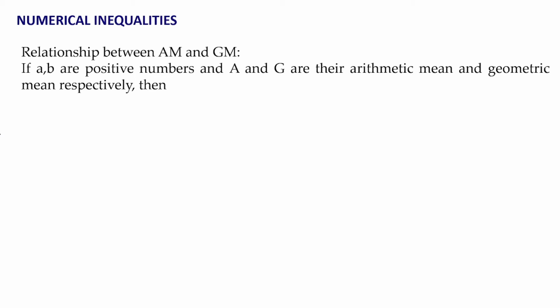If A and B are positive numbers and A and G are their arithmetic mean and geometric mean respectively, then the arithmetic mean is greater than or equal to the geometric mean. That is, we have A greater than or equal to G. Now let us prove this.